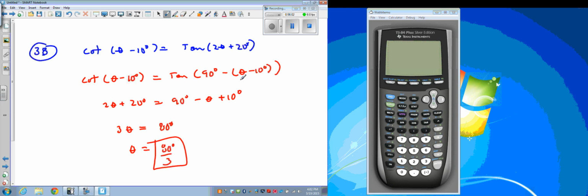And then I have to put a bracket so I don't lose that sign right there. So that's 90 minus theta plus 10. So I'm using those cofunction identities. That's interesting, huh?